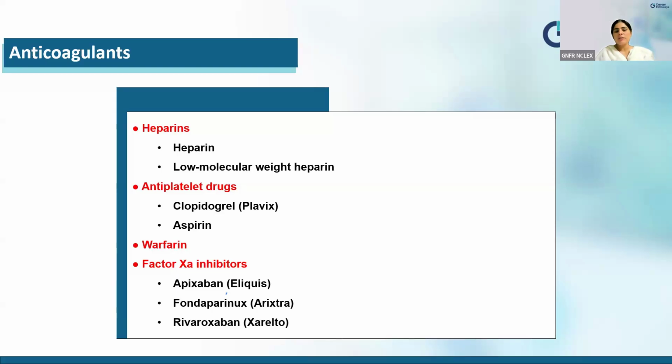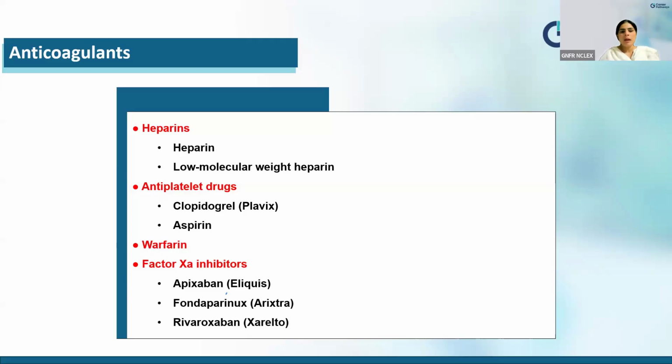So these drugs work on the activated form of factor 10. These are the inhibitors of activated factor 10, the last factor. They directly work on that.